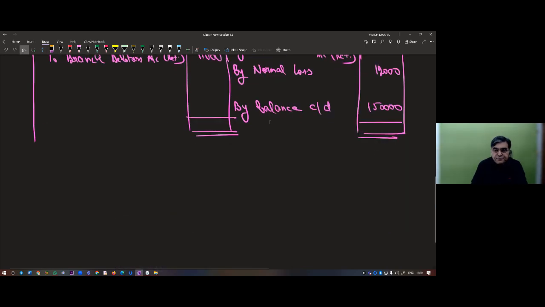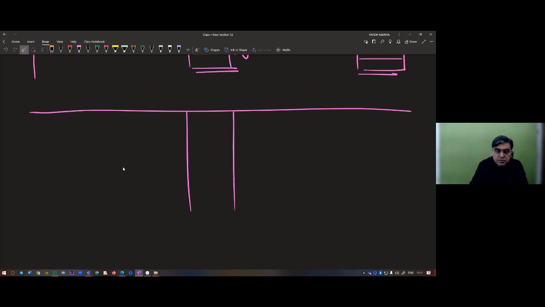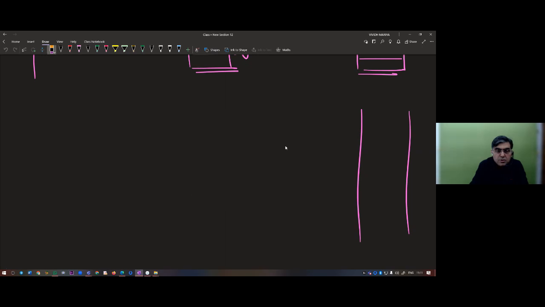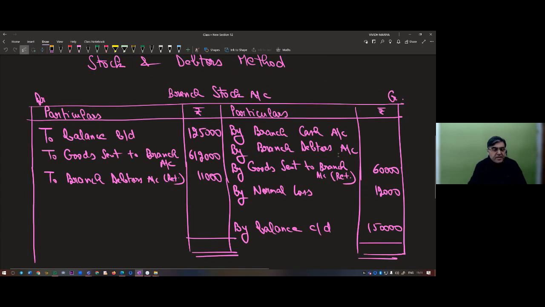Okay. We continue further. How to paste it? Why are the things not being pasted?